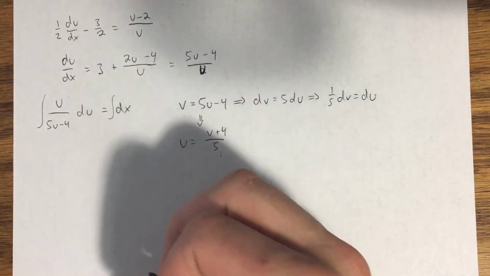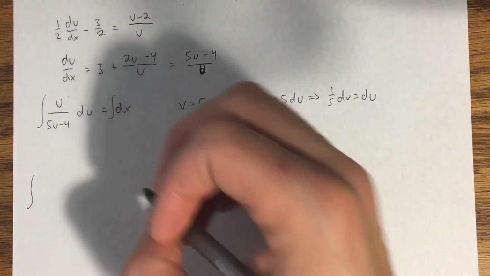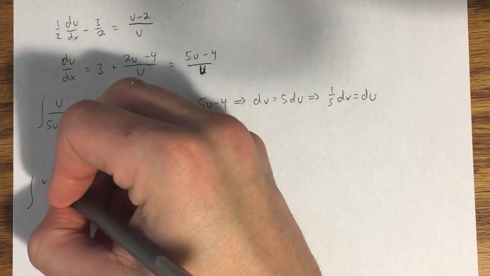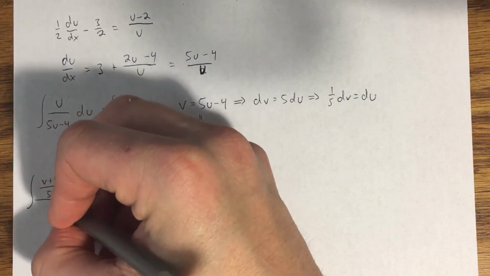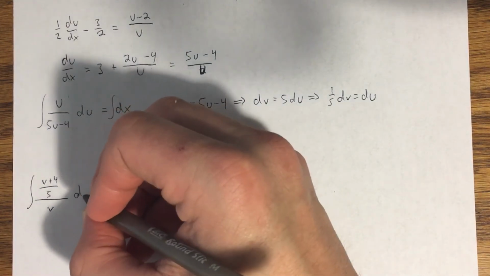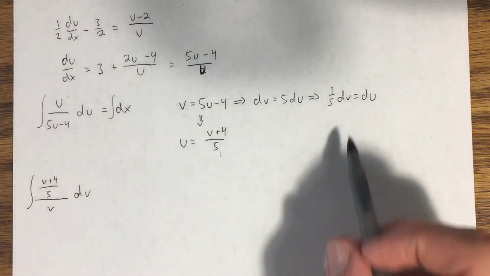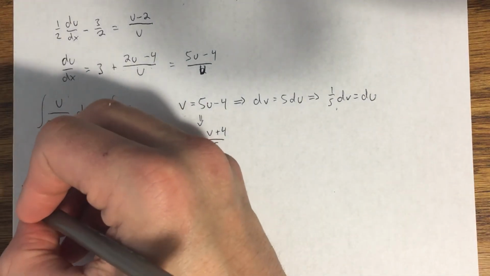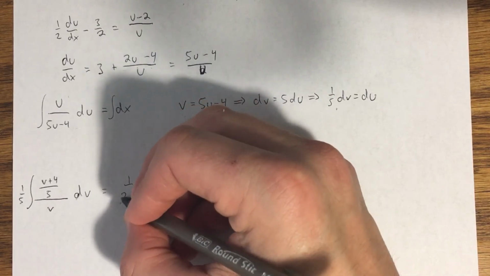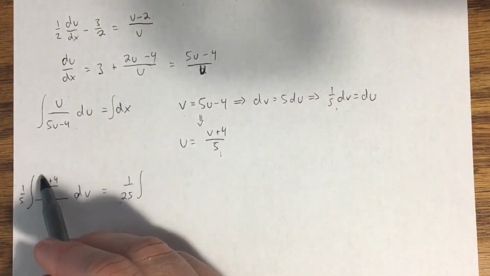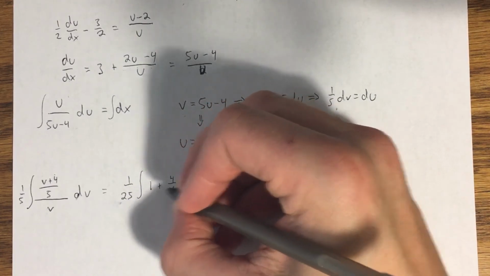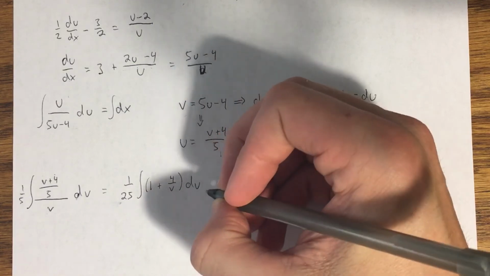That means that this side is going to look like the integral of v plus 4 over 5 over v, dv, and then I also have that 1/5 that's in there, so let me pull this 1/5 out. That's the same thing as 1/25 times the integral of v plus 4 over v, which can be written as 1 plus 4 over v dv.